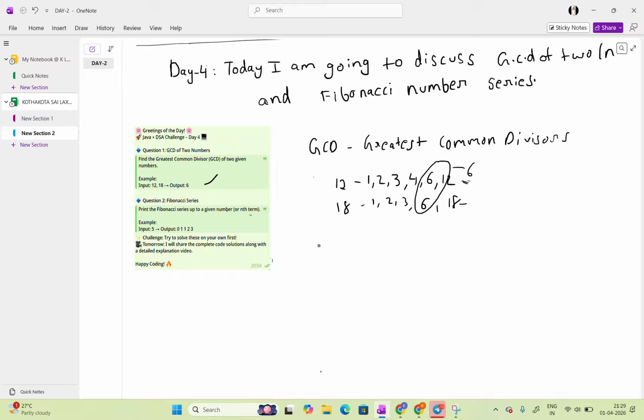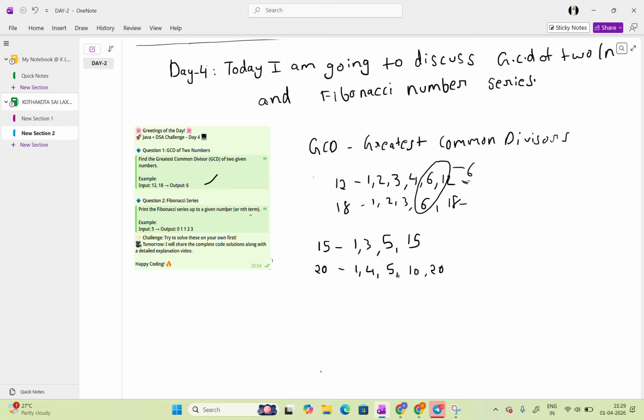Similarly, we'll take one more example. I think we will take 15 and 20. See, what are the factors for 15? 1, 3, 5 and 15. So what are the factors for 20? 1, 4, 5, 10 and 20.